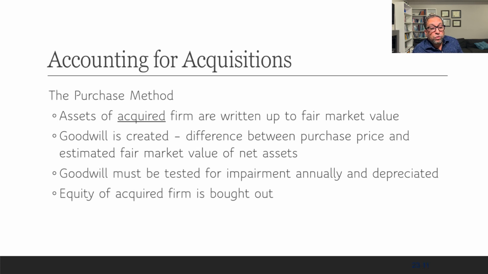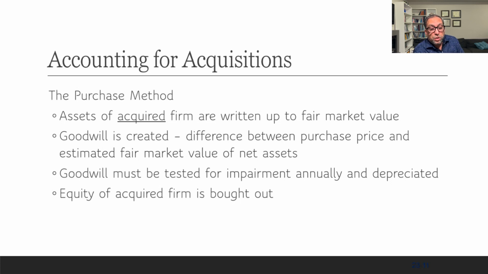So, accounting for acquisition, the purchase method: assets of acquired firms are written up to their fair market value, and goodwill is created, the difference between the purchase price and the estimated fair market value of the net assets. So if there is a difference between the price you are paying for the firm and the fair market value of the assets, the difference is treated as goodwill in the books of the acquirer or the buyer.